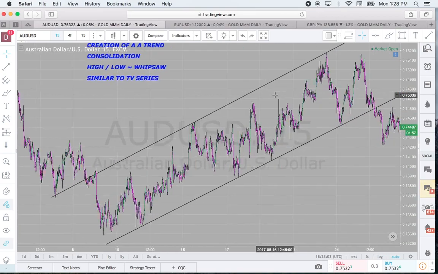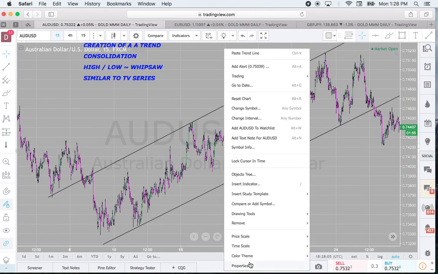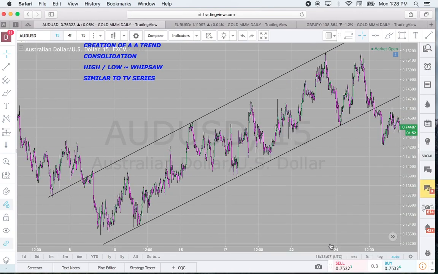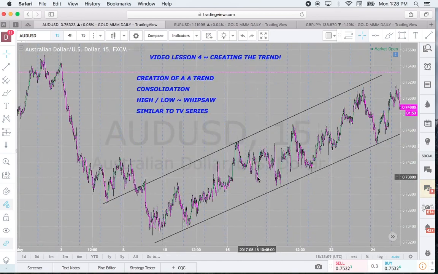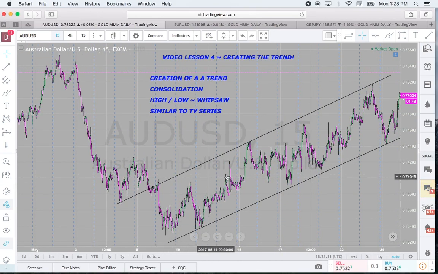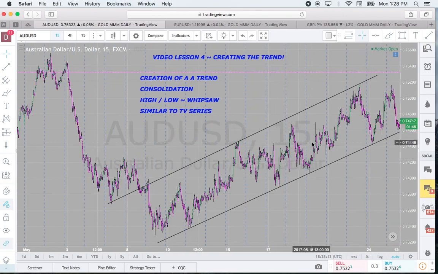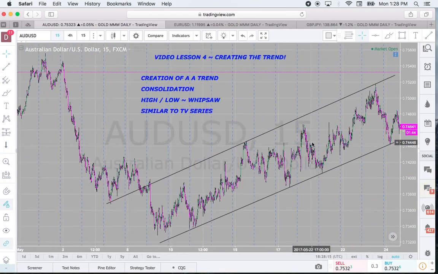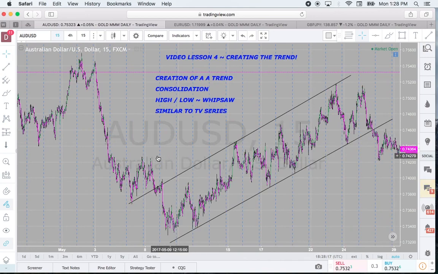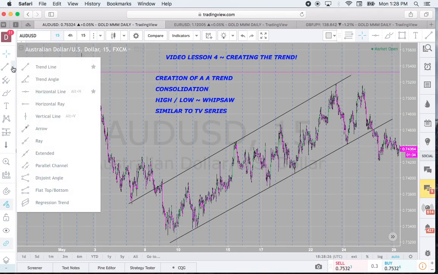Now, let's go more in depth on the structure within the trend. So, what we're looking at now is the AUD USD, Australian dollar versus the US dollar.